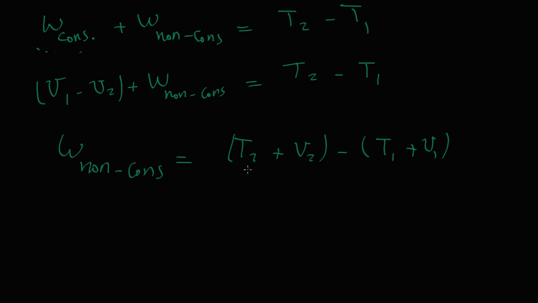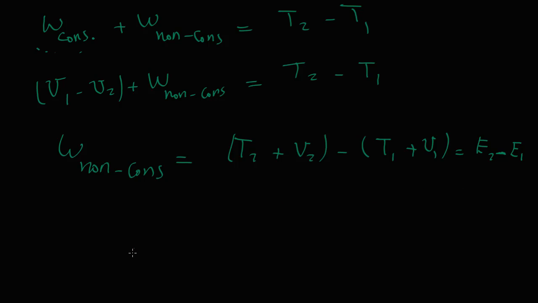This is basically the energy at the end configuration, so this is E2 minus E1, and this is the energy at the starting point. So here we are saying that the work of all non-conservative forces is equal to the difference in the energy of the system.